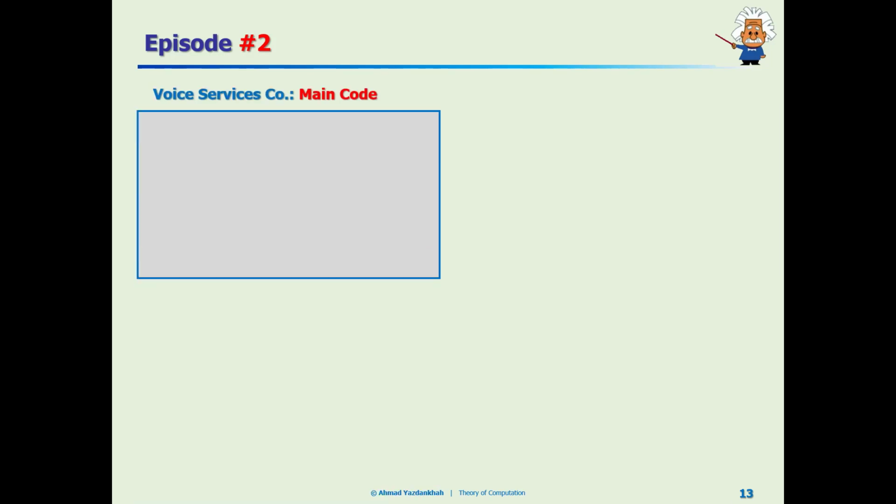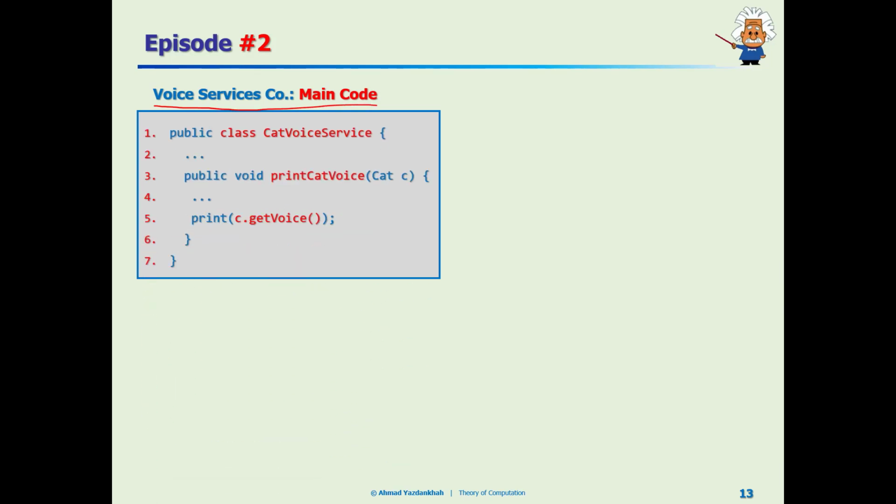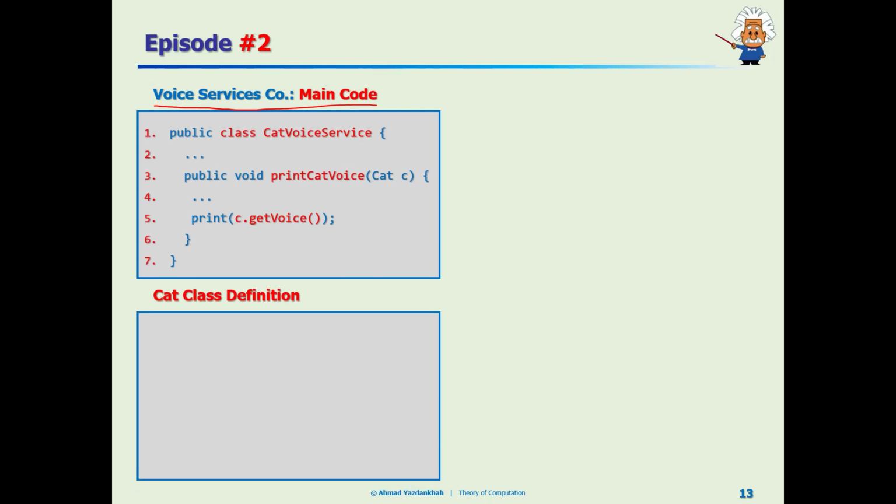All right. I'm going to show you a live demo, but before that, let's look at the code on this slide, and then I will bring up my Eclipse. All right. So the Voice Service Company's main code is this, and they define the cat class like this.